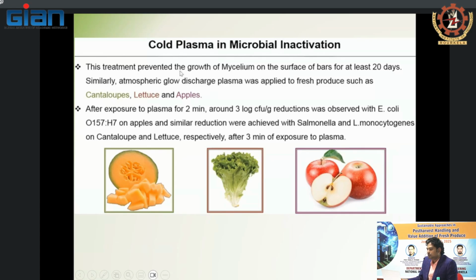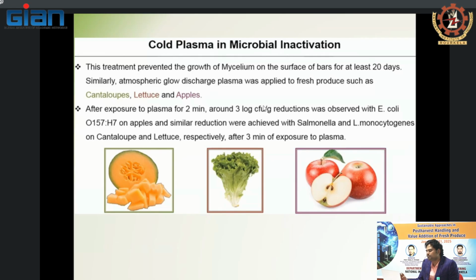This treatment prevents the growth of mycelium on the surface of fruits, or in the case of bread, baked products, and cut fruits and vegetables. You can see Salmonella shows a 3 log cycle reduction, and also Listeria monocytogenes. So a 2 or 3 minute exposure to plasma can bring a 3 to 4 log cycle reduction of the microbial population.